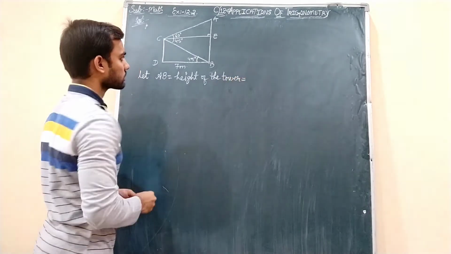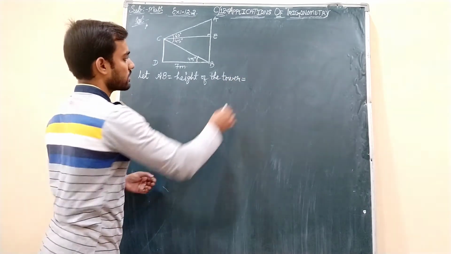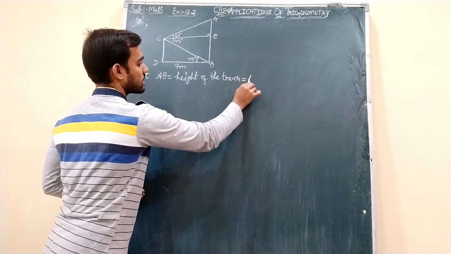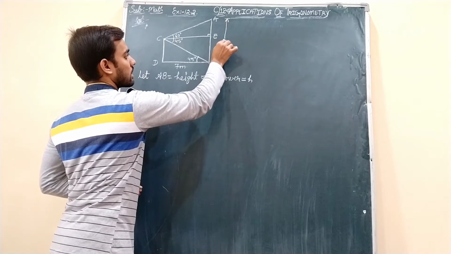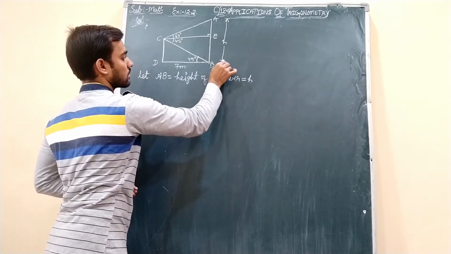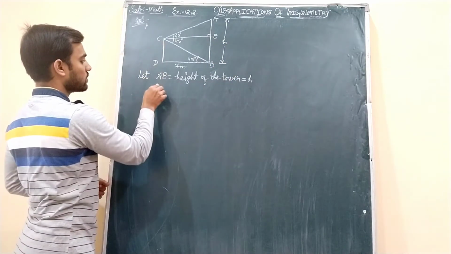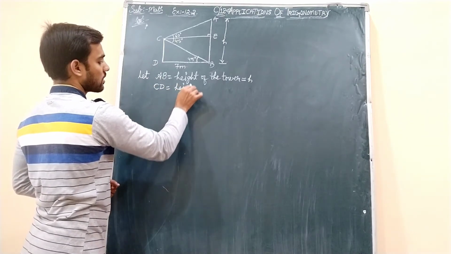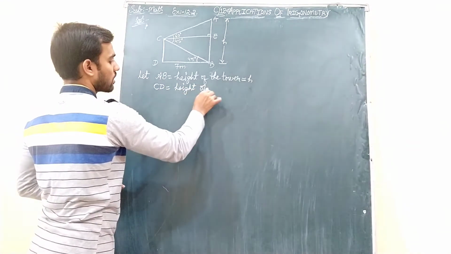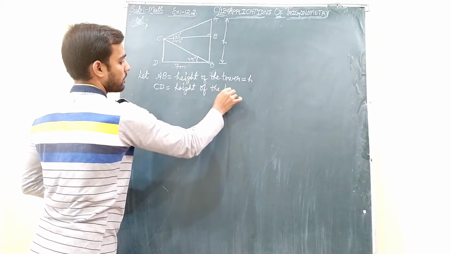Okay, students? Let us take it as H, as we don't know. This completely we are taking as H. CD is what? CD is the height of the building.